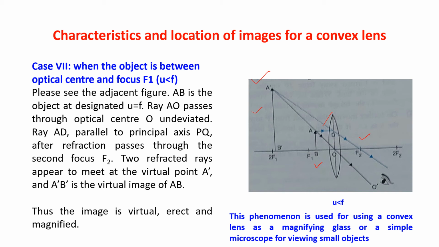So this is the only case when the object is placed in between the focus f1 and the optical center O. Then for a convex lens we are getting a virtual, erect and magnified image. This phenomenon is used for a convex lens as a magnifying glass or a simple microscope for viewing small objects. Clear, children?